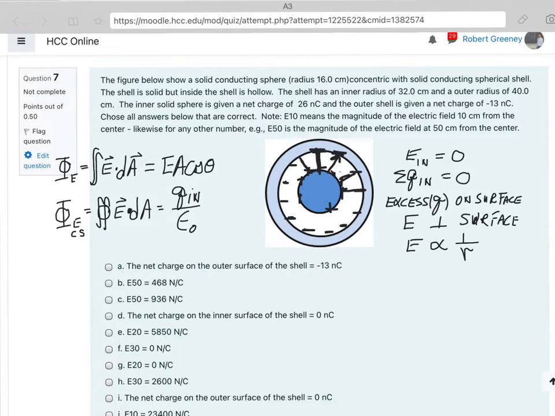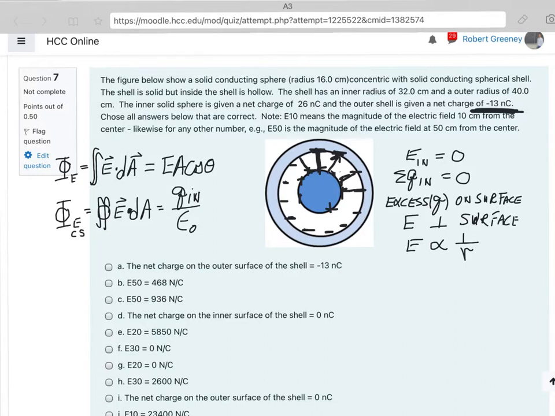If the shell were neutral, that would leave behind 26 positive charges, which would then have to go to the outer surface. But what we see is that there are 13 negative charges, but we need 26.